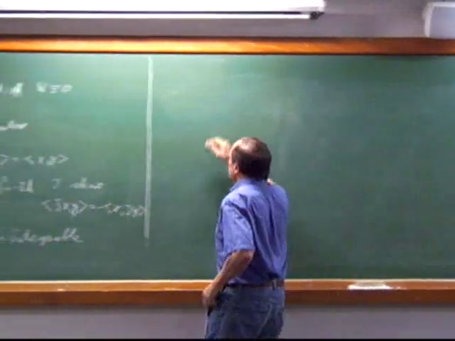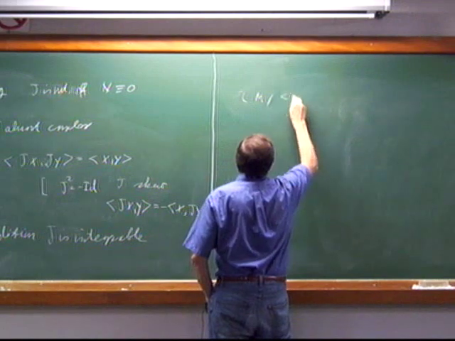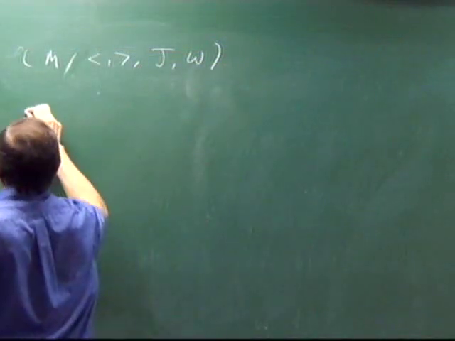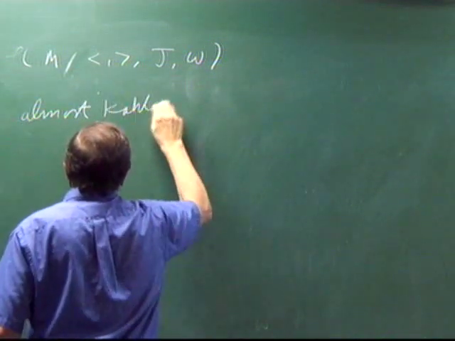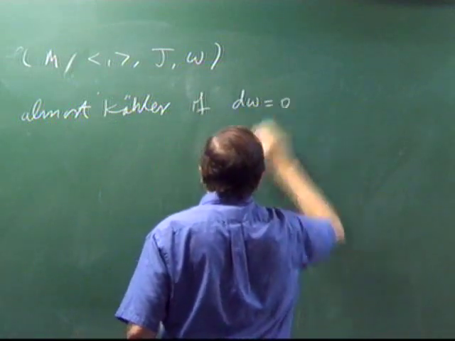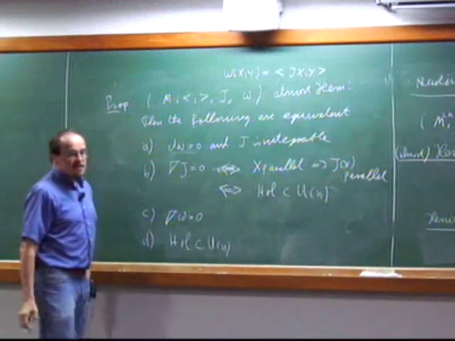So first, maybe I say that our triple, which also defines omega, is almost scalar if d omega is equal to 0. So if I have this condition, then I say it's almost scalar, but I don't require it to be integrable yet.